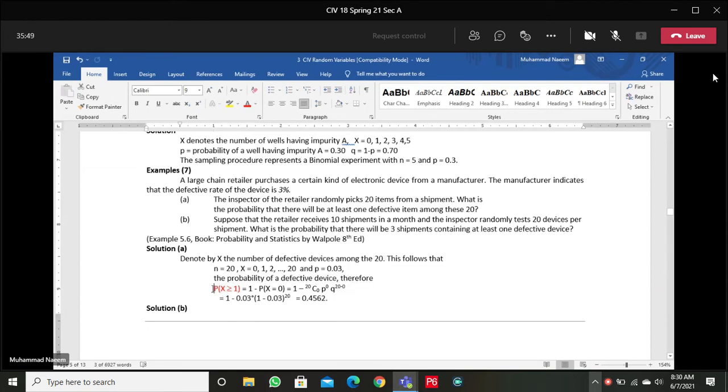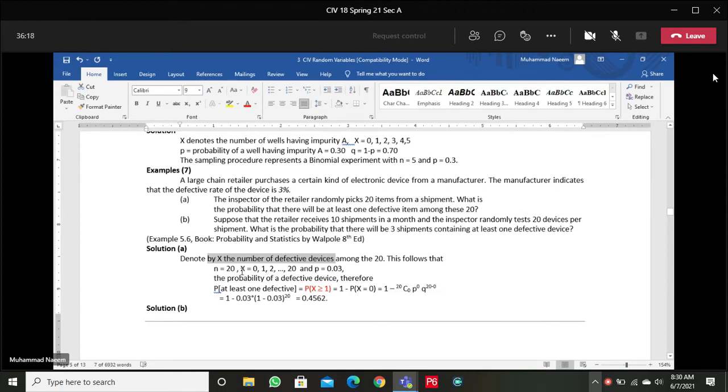At least one means the probability for x greater than or equal to 1 is required, because we have defined our variable, which shows the number of defective devices in the sample.